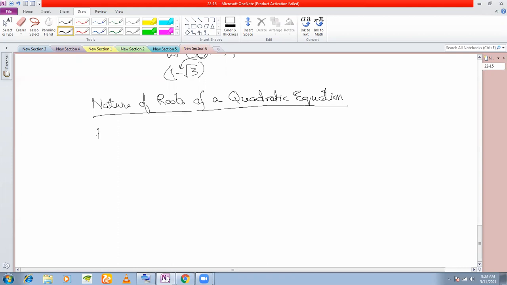So rule number 1: D is called the discriminant of the quadratic. You know this already from your class 10. So we'll check the nature of the roots of the quadratic equation with the help of this discriminant.